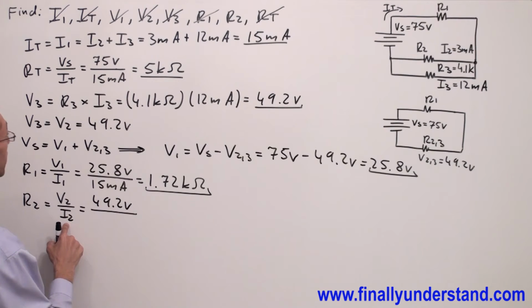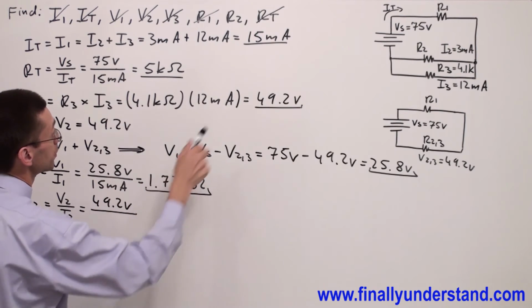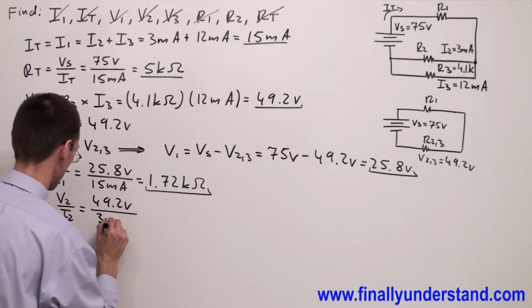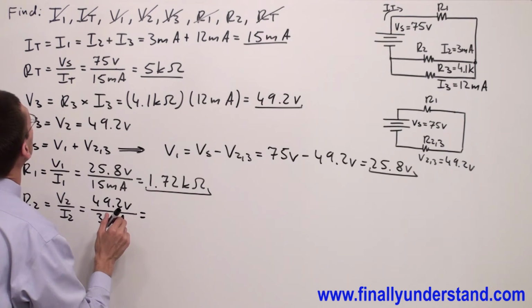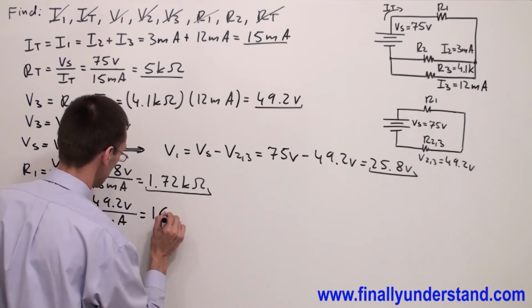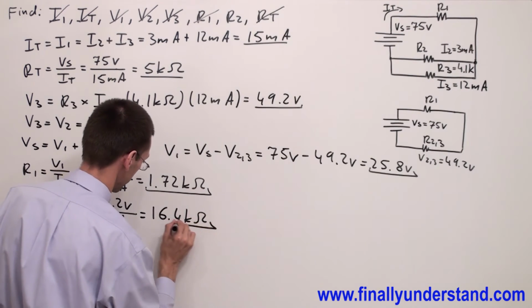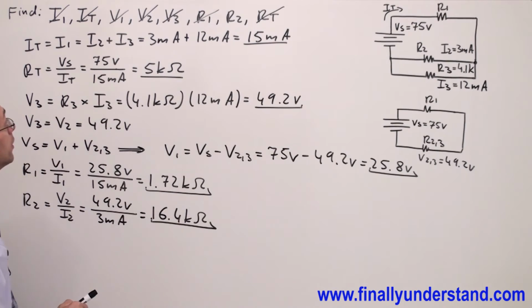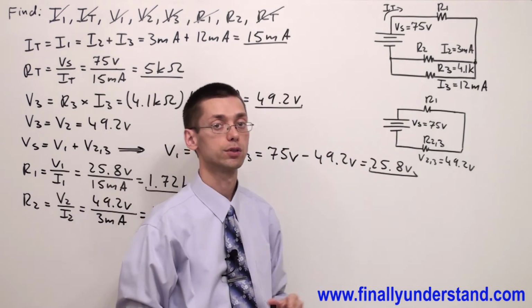I2 is equal to 3 milliamps, is given. So R2 is equal to 16.4 kiloohms. Okay, I didn't add the powers, but of course we have to find all powers.